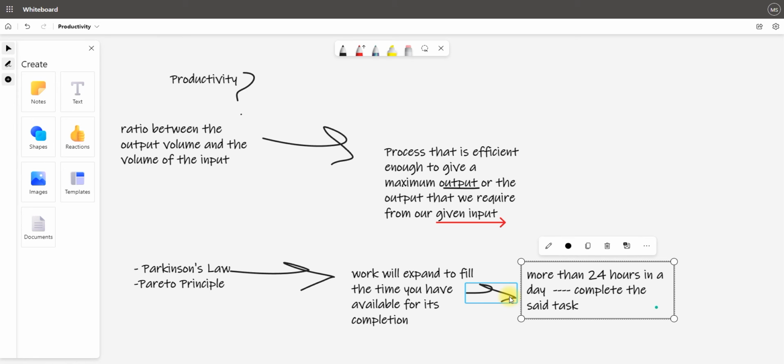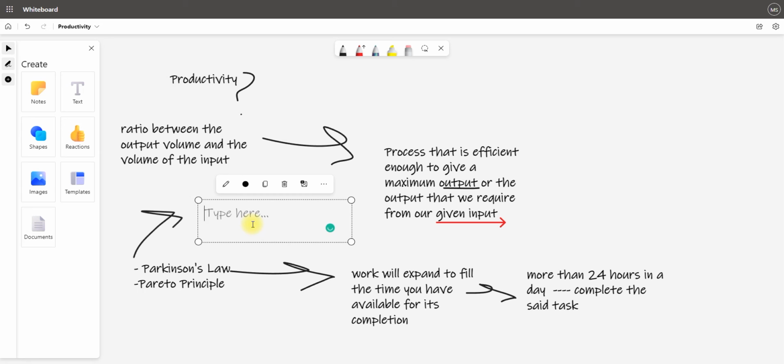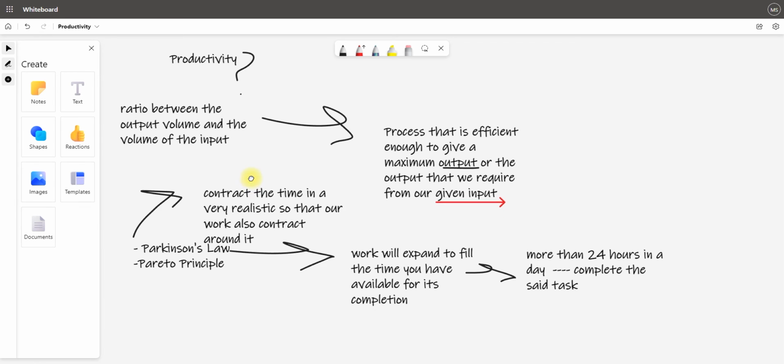Now, what we can do is use this principle to contract the time in a very realistic manner so that our work also contracts around it.